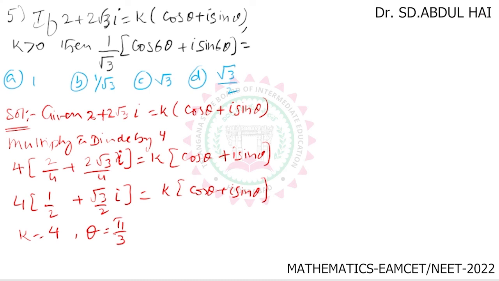So I got my purpose, that is I want the value of k and theta. After getting them, I have to substitute in the given value. What is the given value?